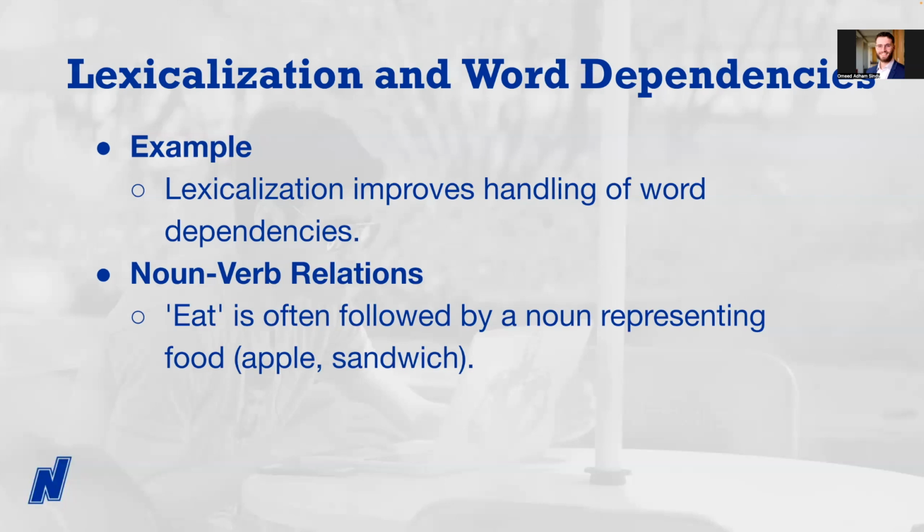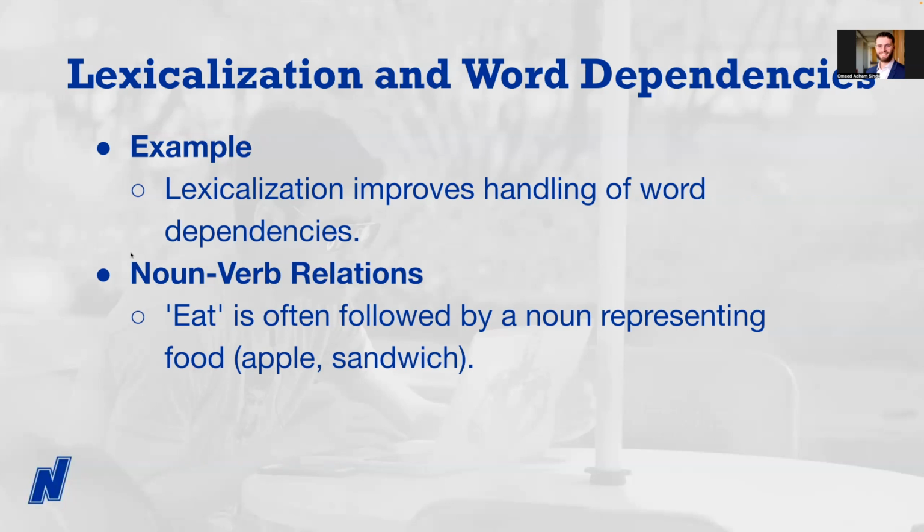But in reality, verbs like eat are often followed by nouns representing food, such as apple or sandwich. By incorporating these lexical dependencies into the grammar rules, lexicalized PCFGs can significantly improve the accuracy of sentence parsing. This is especially useful in more complex sentences, where knowing specific word relationships helps resolve ambiguities.